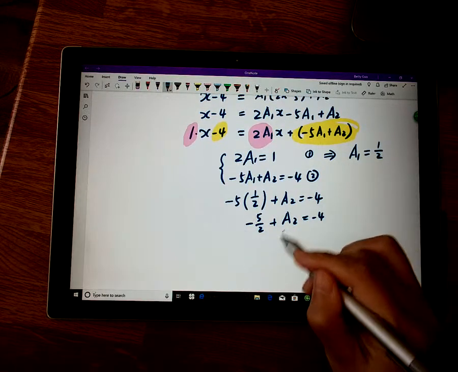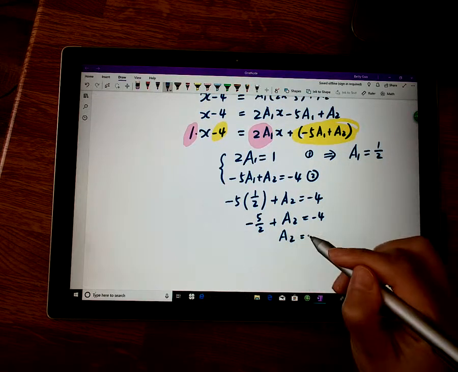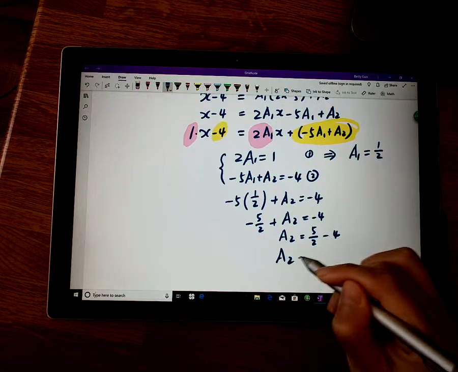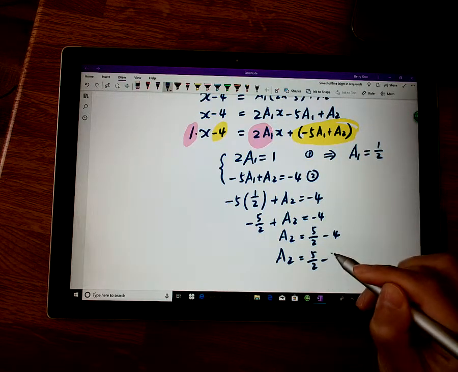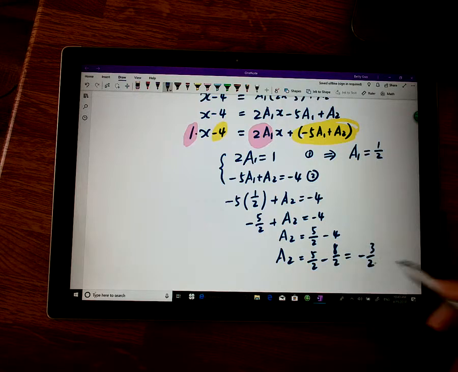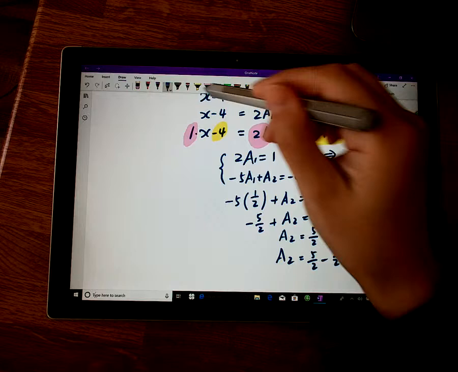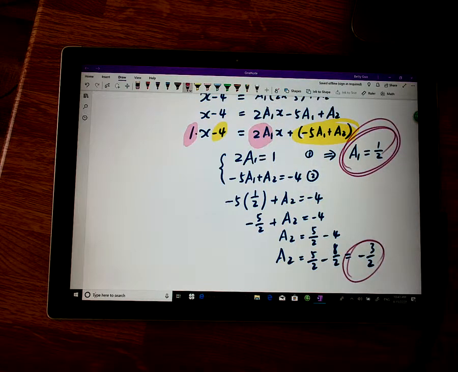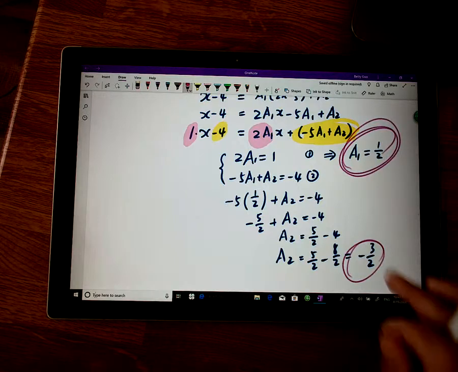Move this number over. We get positive 5 over 2 minus 4. 4 is 8 over 2. And that gives us negative 3 over 2. So we got the values for a sub 1 and a sub 2. Let me double check. One half, and then negative 3 over 2. Yeah, that's correct.